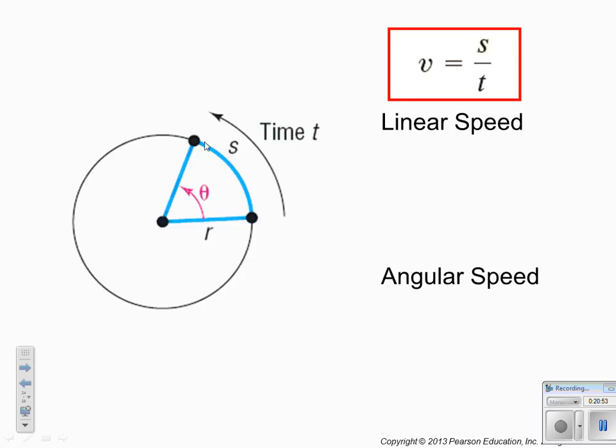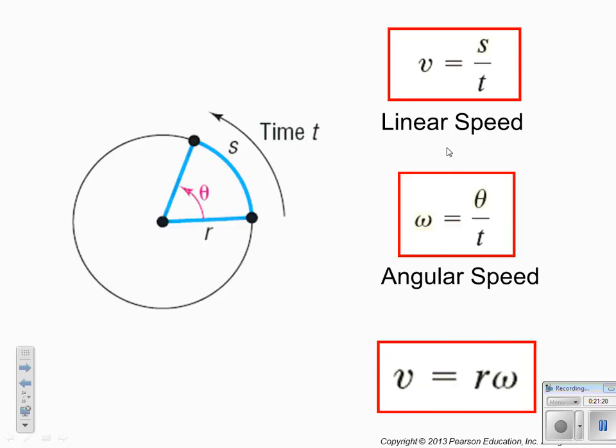So it's how fast you're moving through this arc length. Now we're going to talk about angular speed. So how fast I'm moving through this angle theta in terms of time.